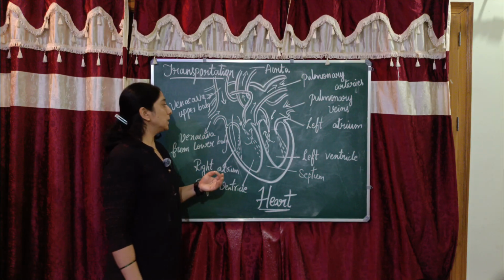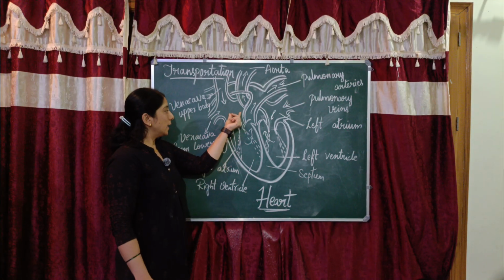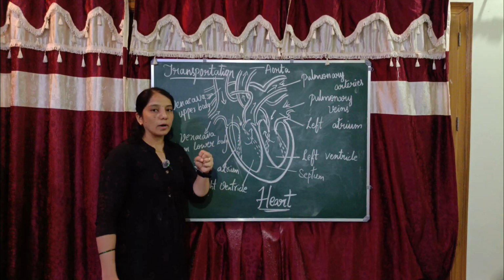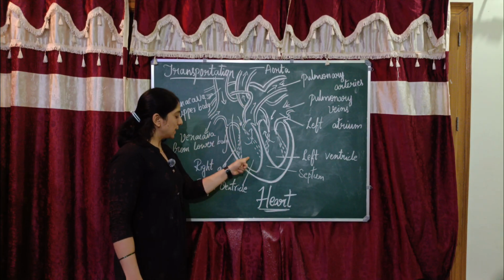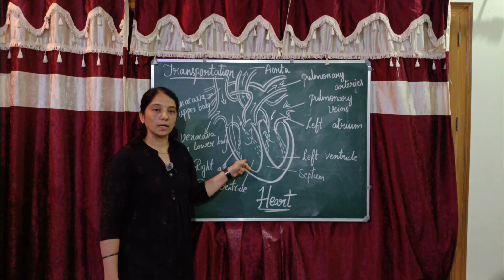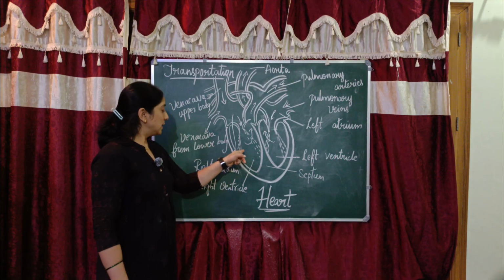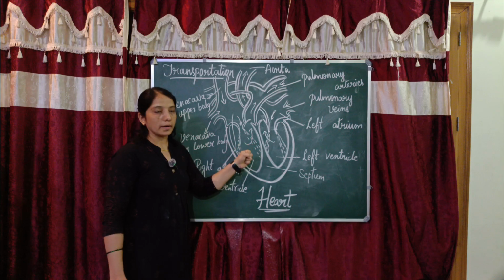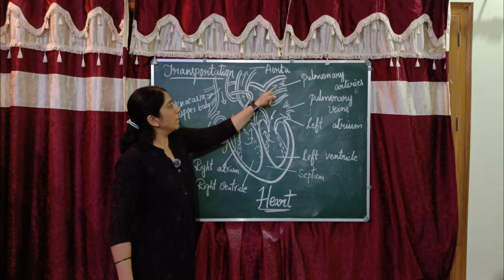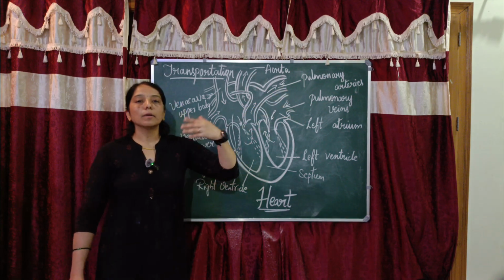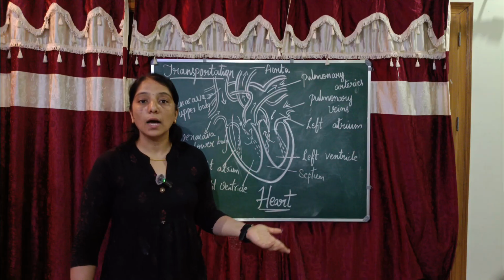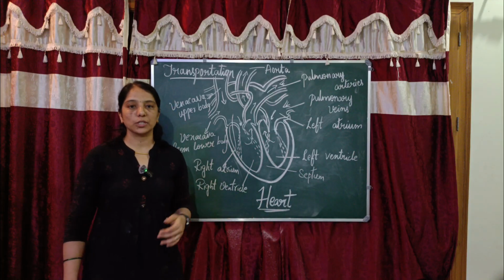When the right atrium contracts, this deoxygenated blood passes into the right ventricle when it relaxes. When the right ventricle contracts, through the pulmonary arteries it goes back to the lungs for oxygenation.